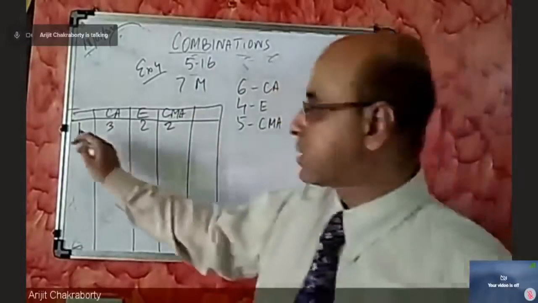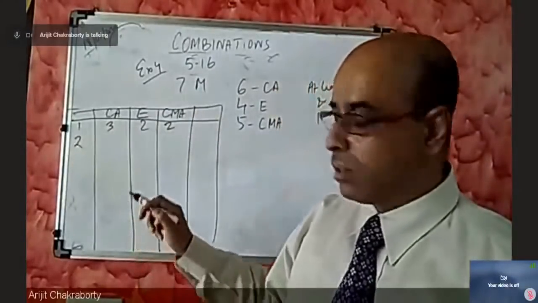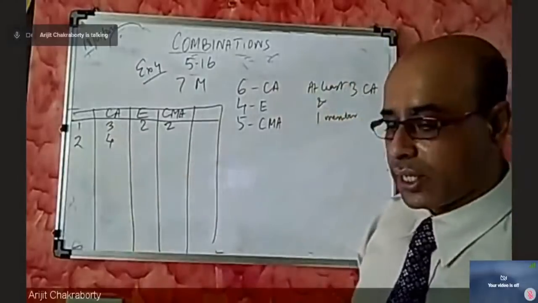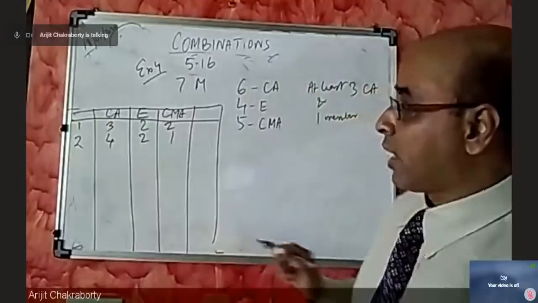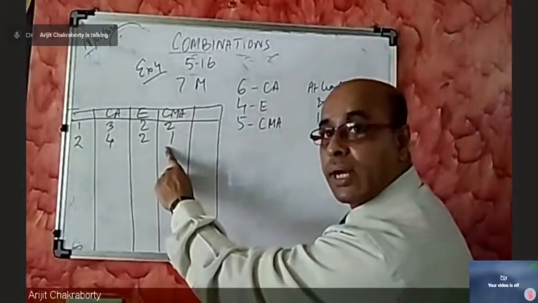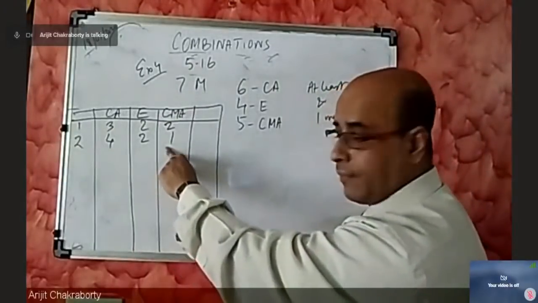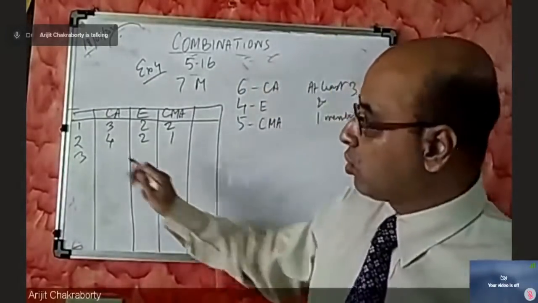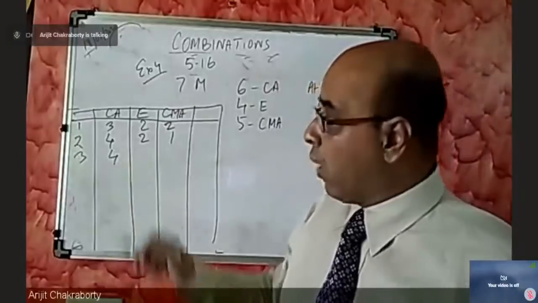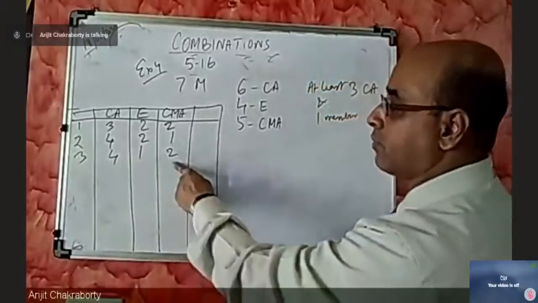In the second case, you can have 4 chartered accountants, 2 economists and 1 cost and management accountant. You have to take at least 1. Please note, the condition is at least 1. Method 3, you can take 4 chartered accountants, 1 economist and 2 cost and management accountants.